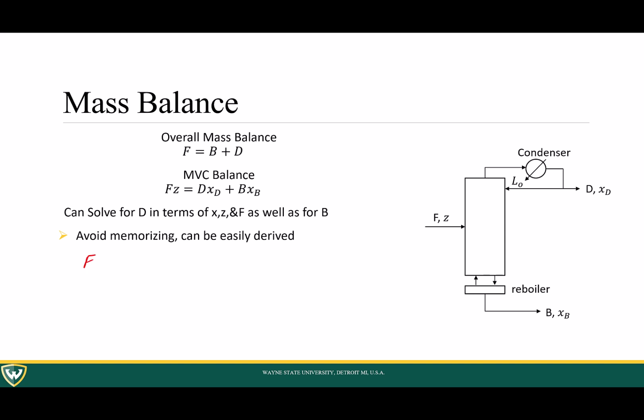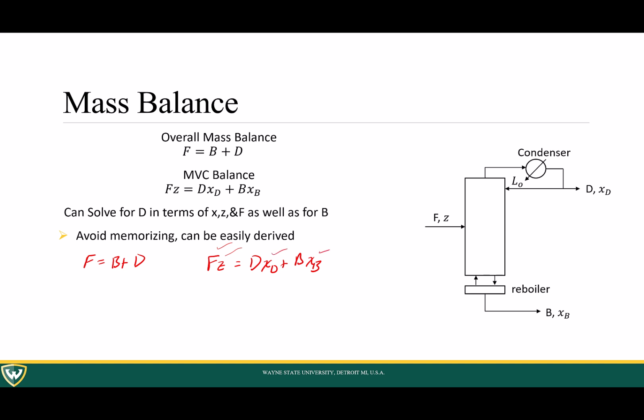So your mass balance can be written as F equals B plus D. Then you can say that your most volatile component balance, FZ, is equal to DXD plus BXB. Most likely the feed would be given, Z would be given, and XD and XB would be given.